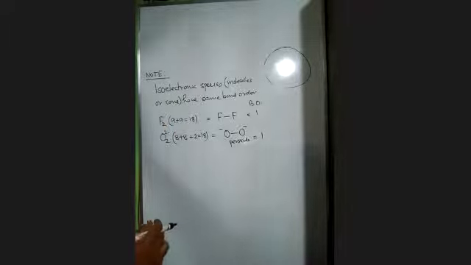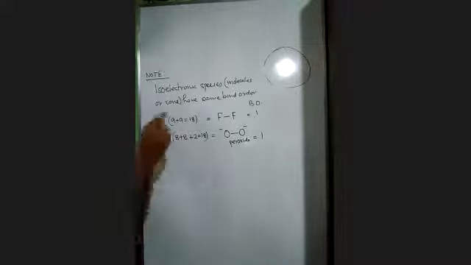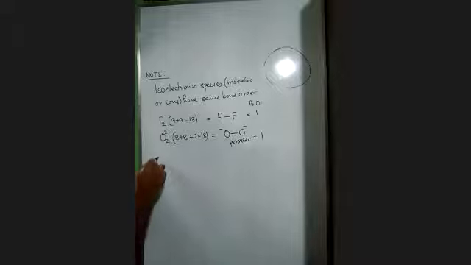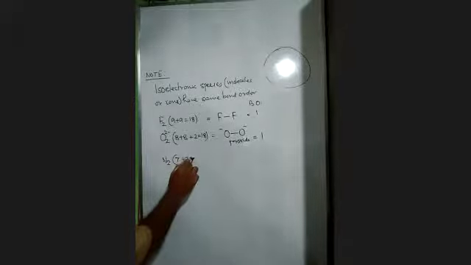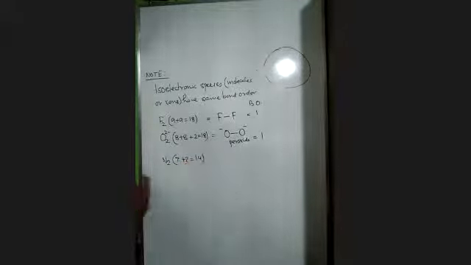Now let me take N2. Nitrogen is 7, so 7 plus 7 is 14. See here, how do you write nitrogen?